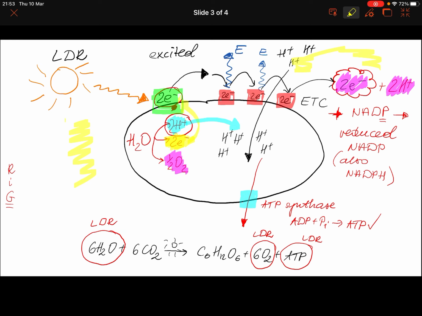The main products of the light-dependent reaction are oxygen, which again comes as a product of photolysis of water, ATP, which we produced thanks to the help of the ATP synthase, and reduced NADP. Those are our three main products of the light-dependent reaction.